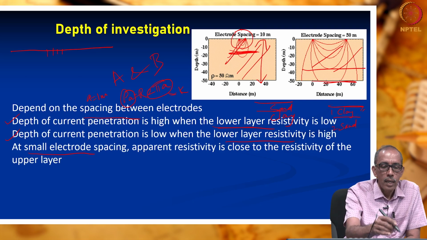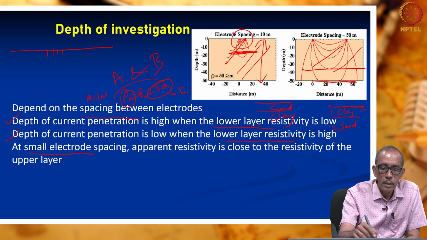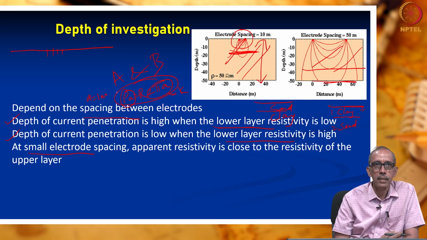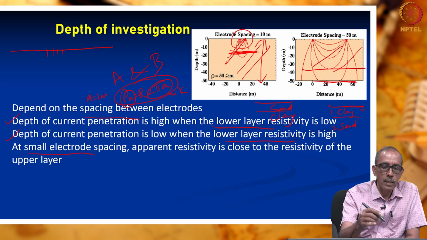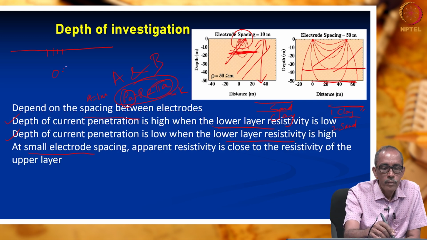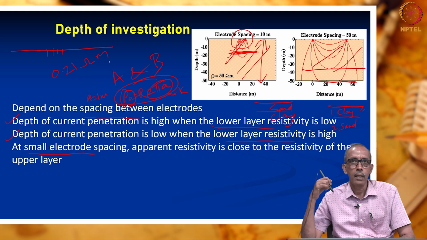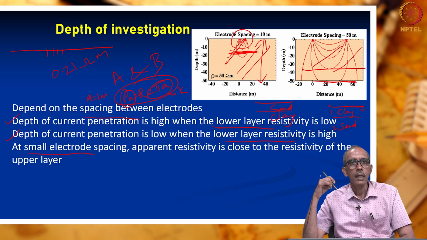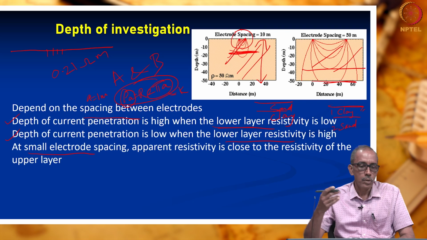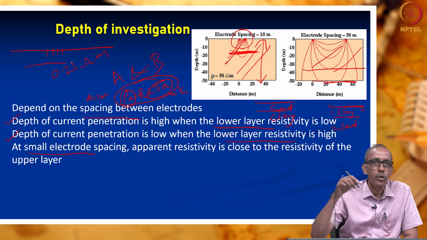We have got some resistance and we have determined the rho A value as per this relation. Let us imagine the rho A value is about 0.21 ohm meter.